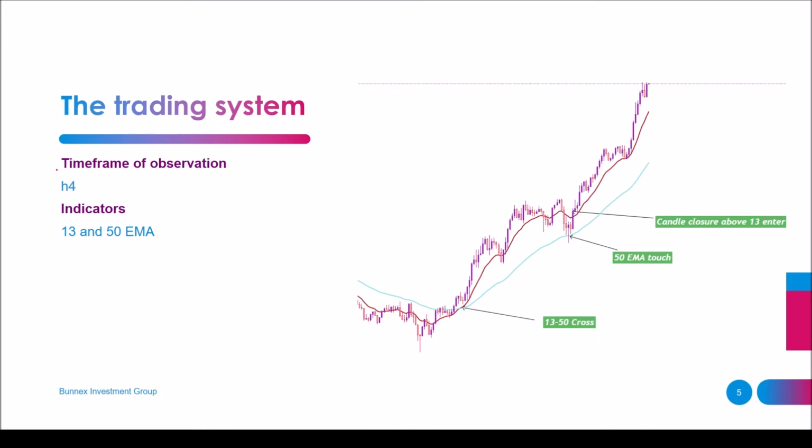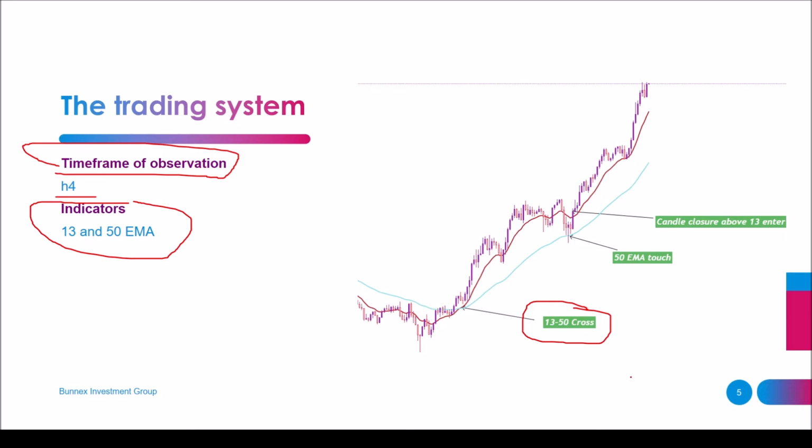So we are saying the first thing, or the time frame of observation, is the H4. Indicators that you are going to need are the 13 and 50 EMA. So we are going to need something like this, whereby we have a 13/50 EMA cross. In this case, my 13 in red, my 50 in blue.